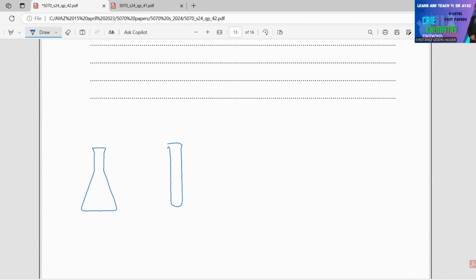For collection of gas, you may have a gas syringe. You may have a measuring cylinder or burette.